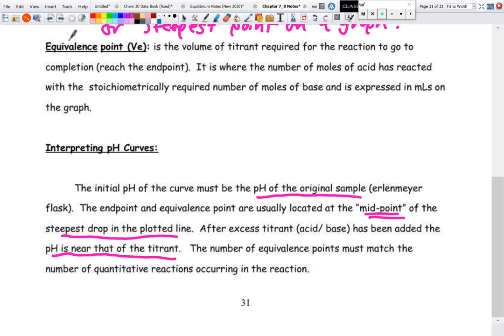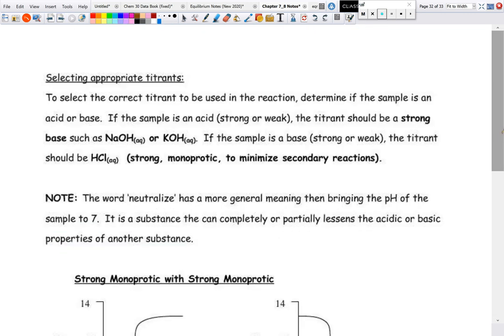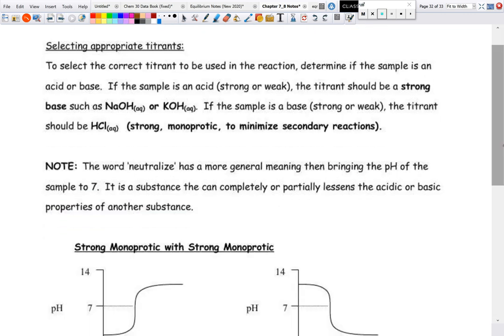Of course, when we're doing some of these, you need to choose an appropriate titrant for a lot of these reactions. Depending on what our sample is, first of all, we need to determine if the sample is an acid or a base. You can do that with litmus paper, or with a pH meter. If the sample is an acid, whether it's strong or weak, the titrant needs to be a strong monoprotic base, such as sodium hydroxide or potassium hydroxide.